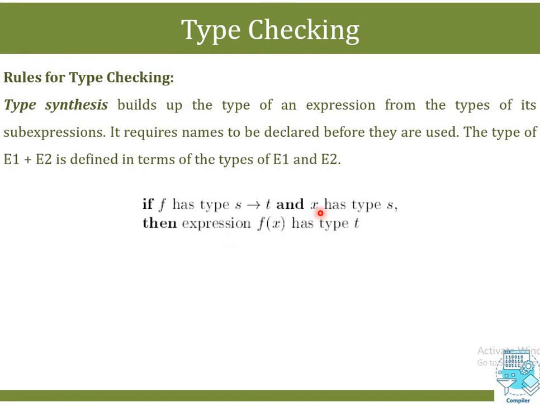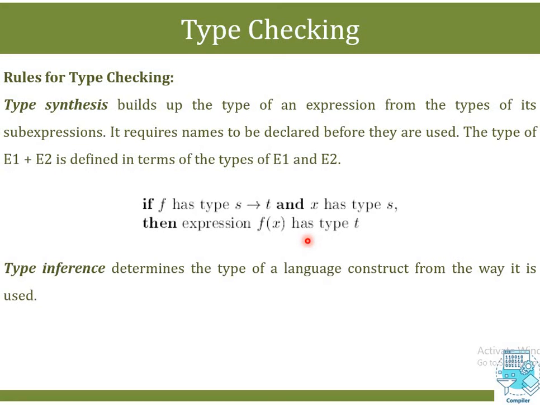When the input X is of type S, then the return type will be T. Okay, so we are just inferring the type of f of x by the type of X. Okay, so this type of inferring the type is what is called synthesis type.